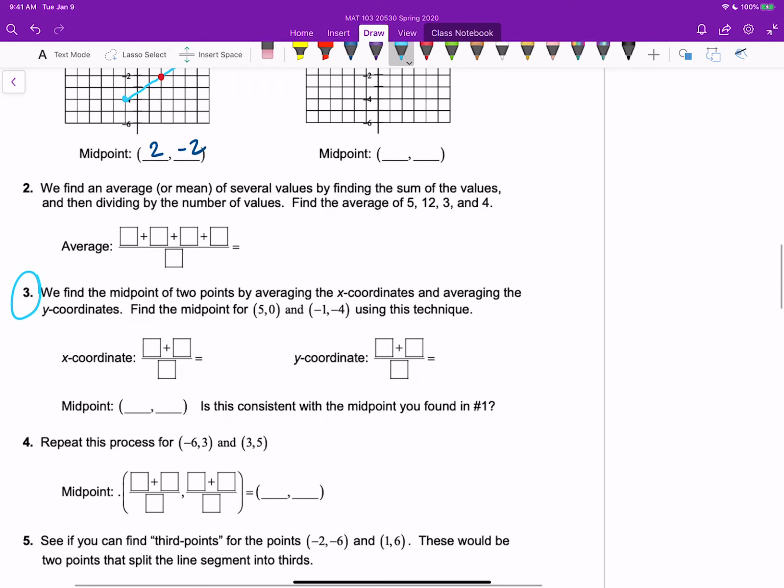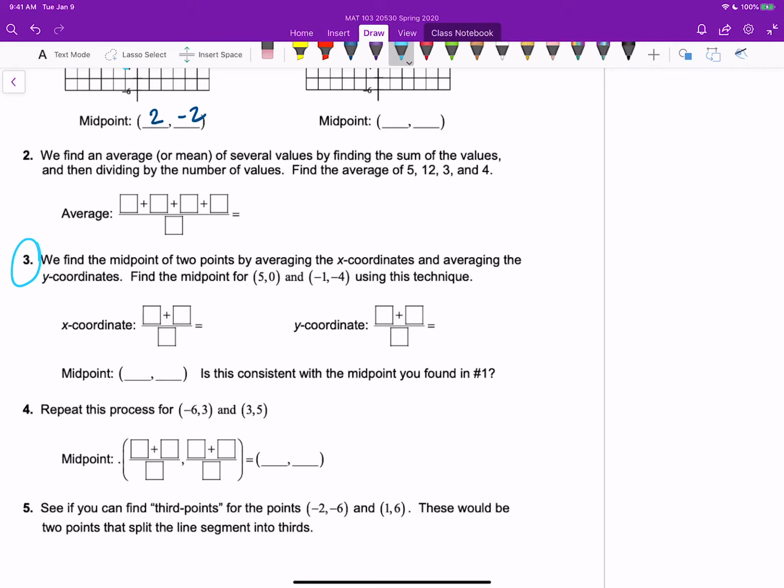Now let's use the formula to verify. To calculate the x coordinate, you add the x coordinates and then calculate the average. We have 5, we have negative 1, and then you divide by 2. 5 plus negative 1 is positive 4. 4 divided by 2 is 2. So the x coordinate of the midpoint is 2.